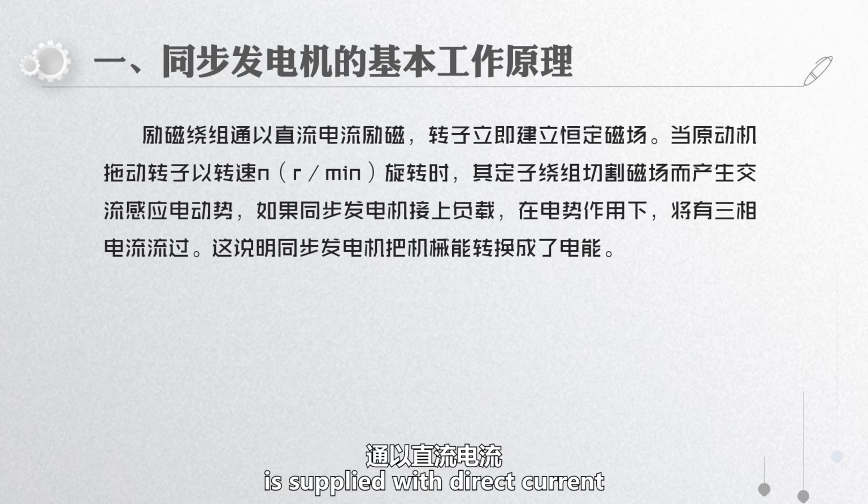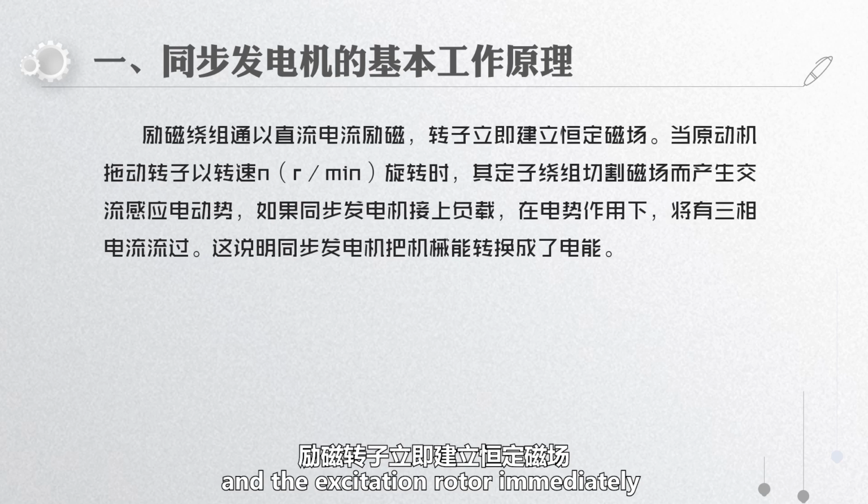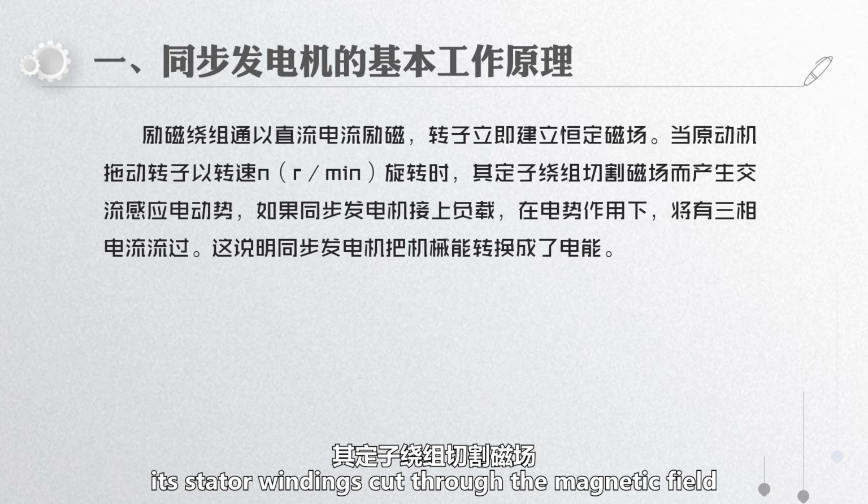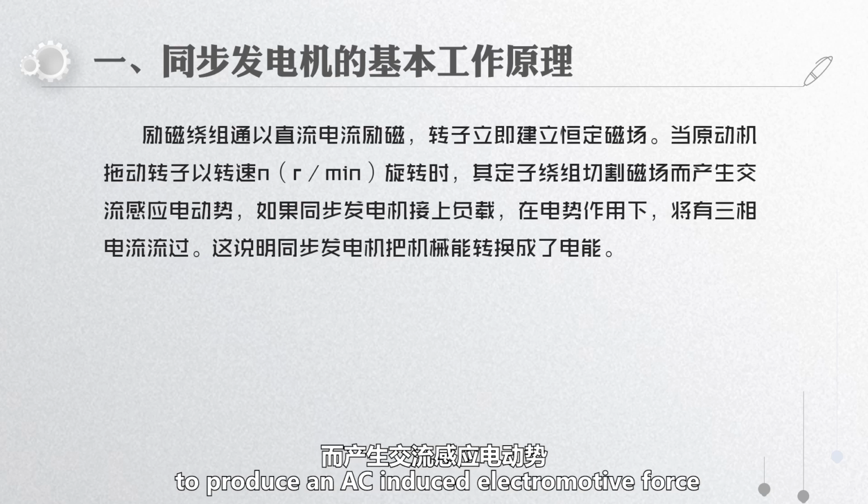The basic working principle of a synchronous generator is that the rotor excitation winding of the synchronous generator is supplied with direct current, and the excited rotor establishes a constant magnetic field. When the prime mover drives the rotor to rotate at speed n, the stator windings cut through the magnetic field to produce an AC induced electromotive force.